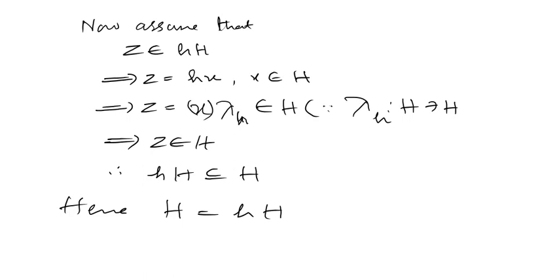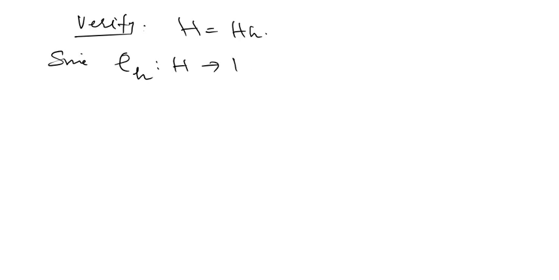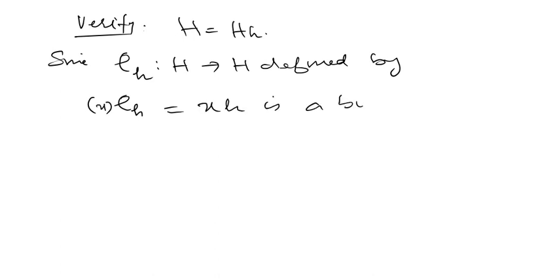So next we verify that H is equal to Hh. That's the next part. Again, here we have rho h from H to H, defined by rho h of x is equal to xh, which is a bijection.